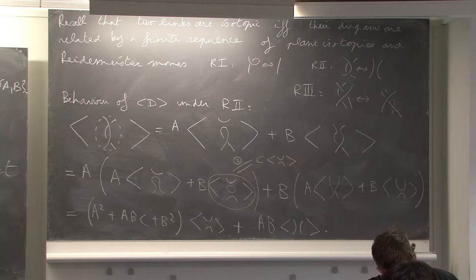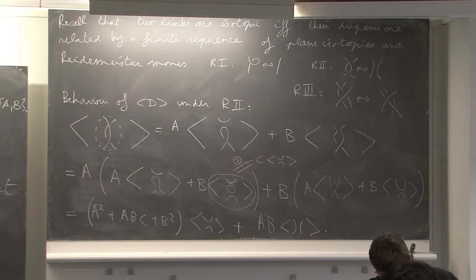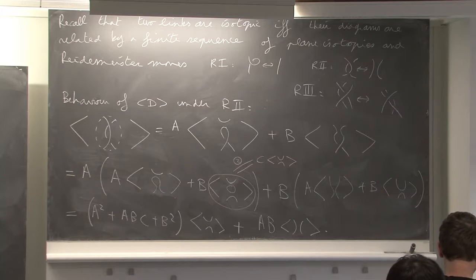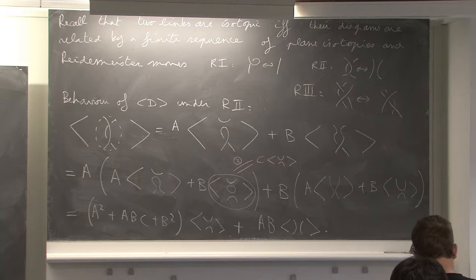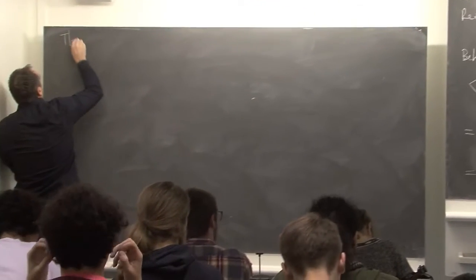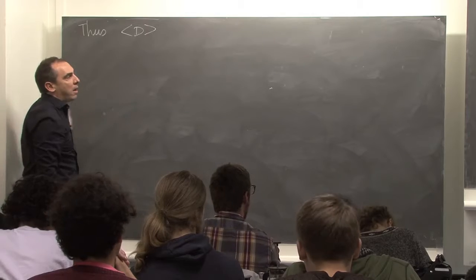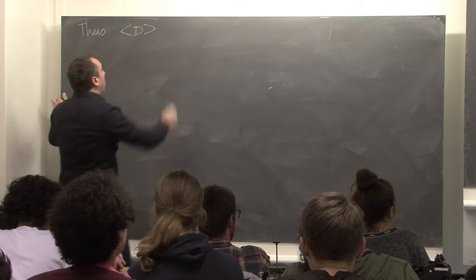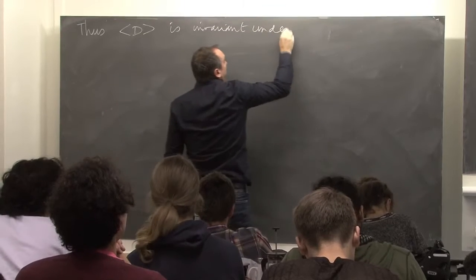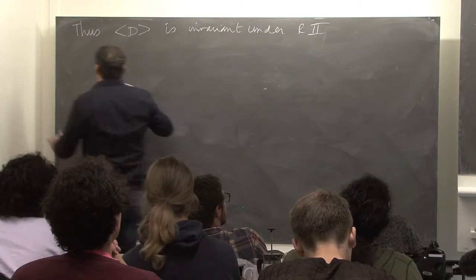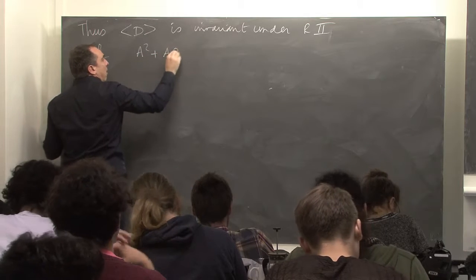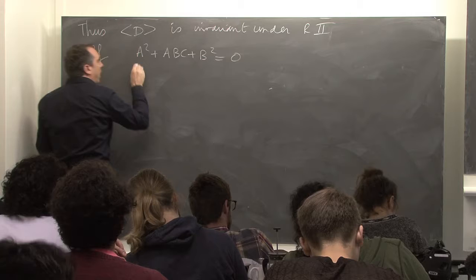So what is the conclusion here? It tells that this polynomial is invariant under the second Reidemeister move if and only if A square plus ABC plus B square is 0 and AB is 1.